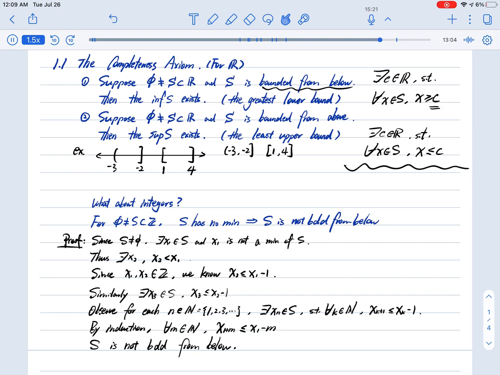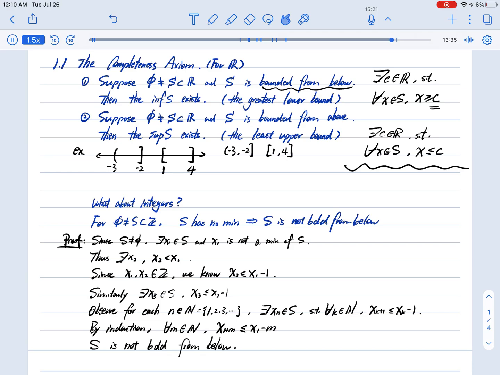Therefore there must exist another element inside S. We call it X2, and X2 has to be smaller than X1, because X1 is not a minimum. Because X1 and X2 are both integers, X2 has to be smaller than or equal to X1 minus 1, because of the basic properties of integers.